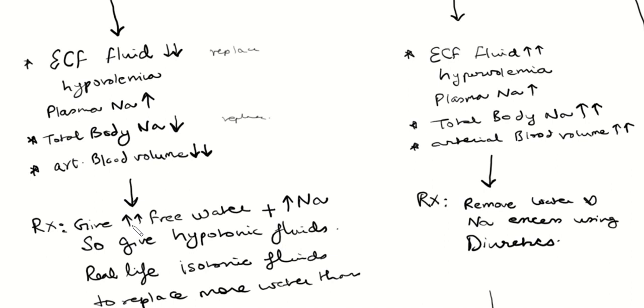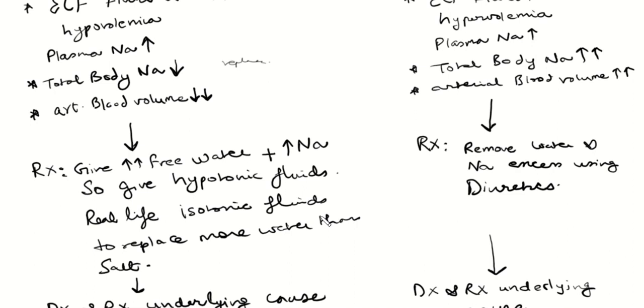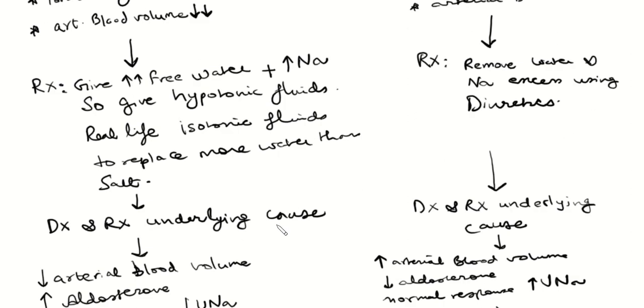So I'm going to give more free water, 2 parts free water and 1 part sodium. So that's hypotonic fluid. In real life, give them isotonic fluids. Remember our principles? And our body will actually fix stuff. Diagnose and treat underlying cause.